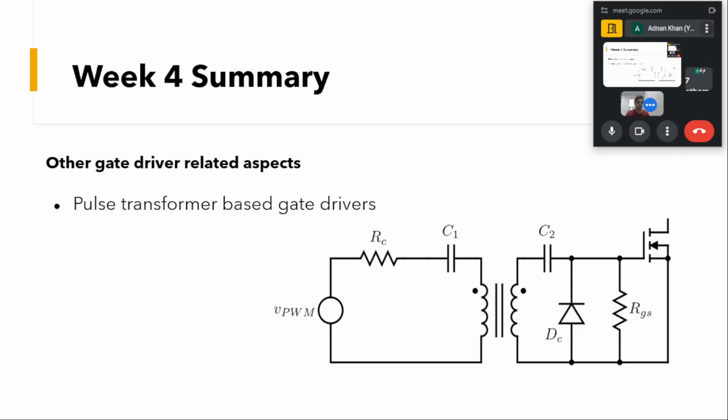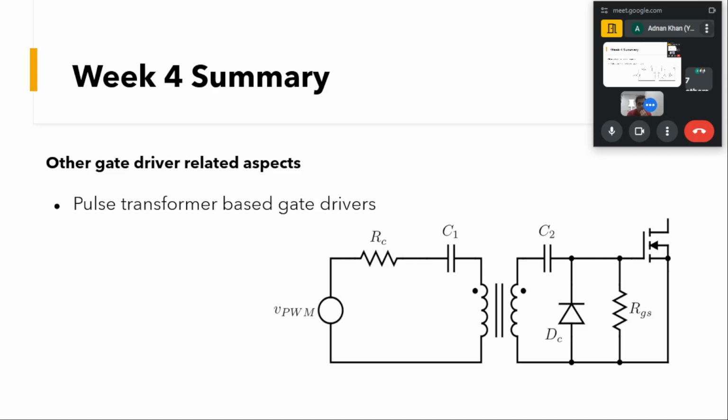With a transformer, if we have some voltage at the input, we can certainly step up that voltage at the output. So we need not have any additional circuitry here. But this has some other limitations as well, which have been discussed in detail.